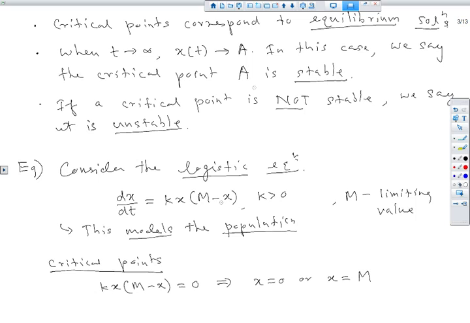So if you pick a value which is more than m, one factor becomes positive, one factor becomes negative. That means the product is negative.